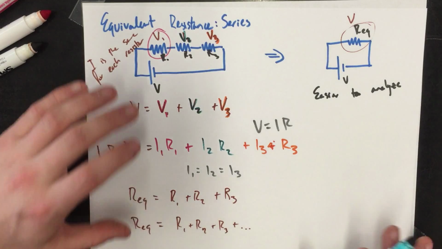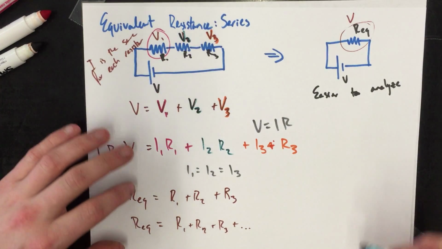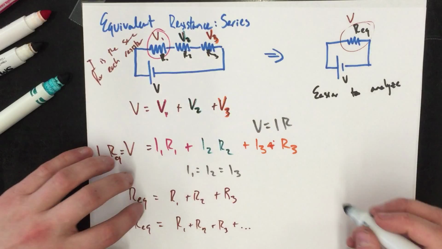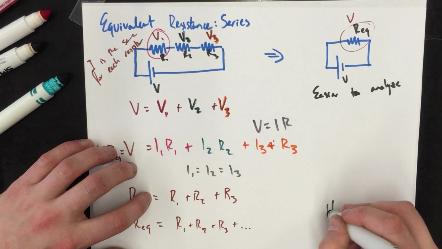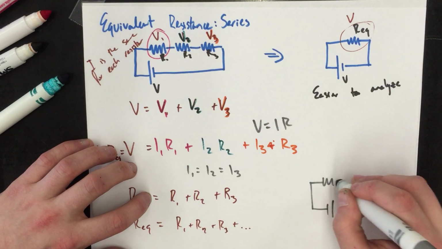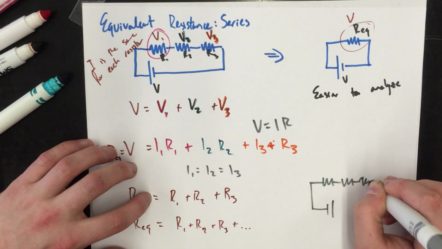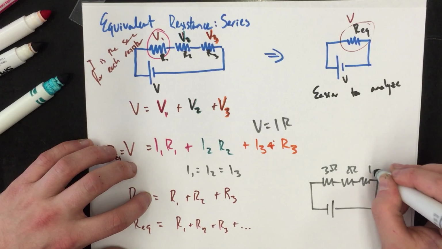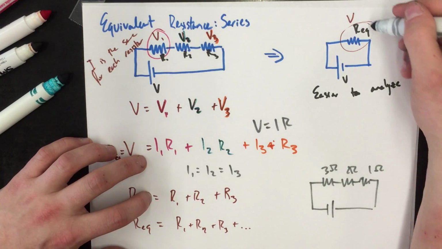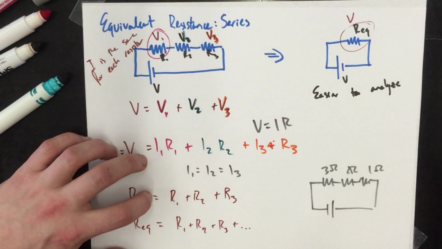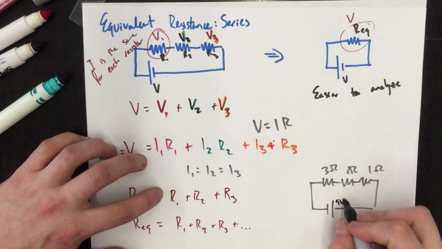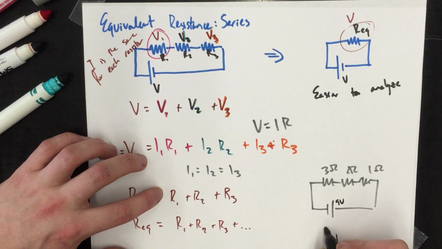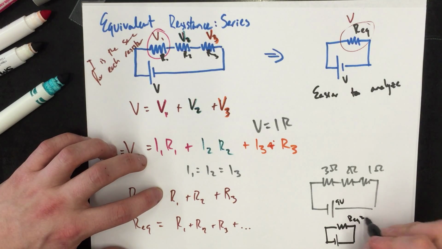And if I were to put some numbers to this, let's say that I have a circuit with 3 resistors: 3 ohms, 2 ohms, 1 ohm. If I wanted to turn it into this equivalent resistance, and this is a 9-volt battery, I just add them all up to get my Req, which would be 6 ohms.